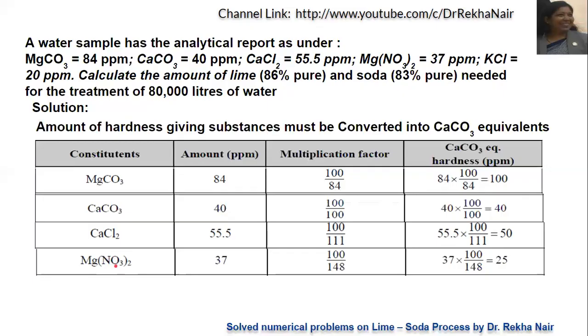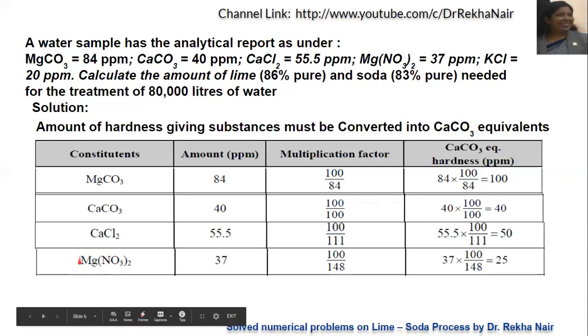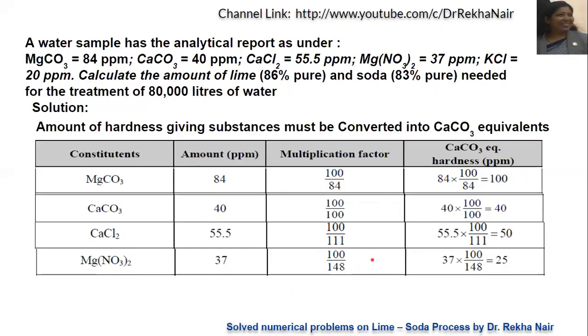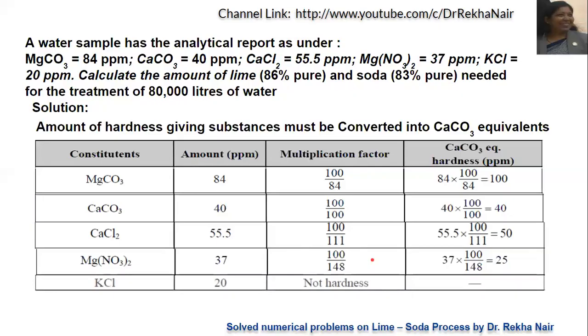Oxygen is the 8th element, its atomic mass is 16 multiplied by 3, and the whole mass must be multiplied by 2, plus 24, which is the atomic mass of magnesium. It will come out to be 148. So 100 upon 148 is the multiplication factor for magnesium nitrate. KCl we do not consider because it is not a hardness producing substance.